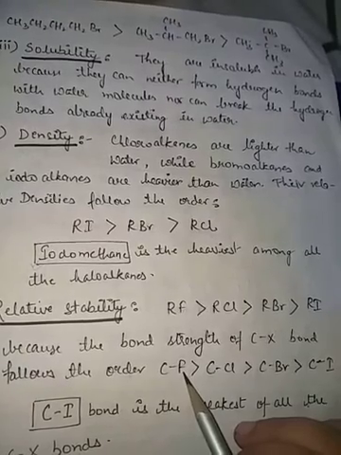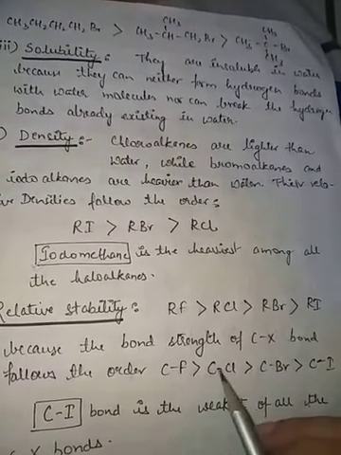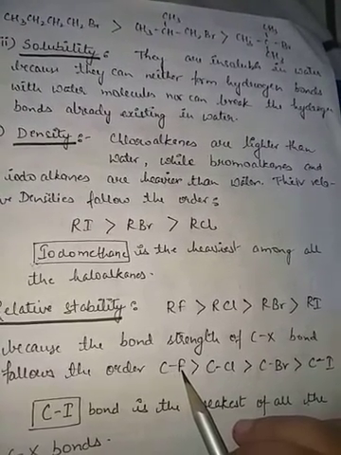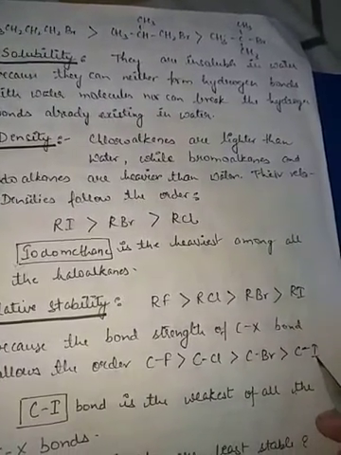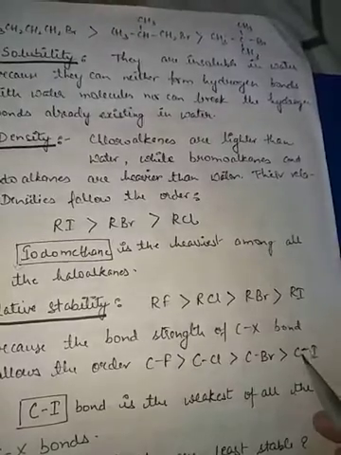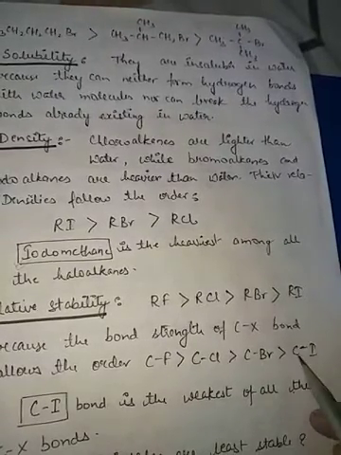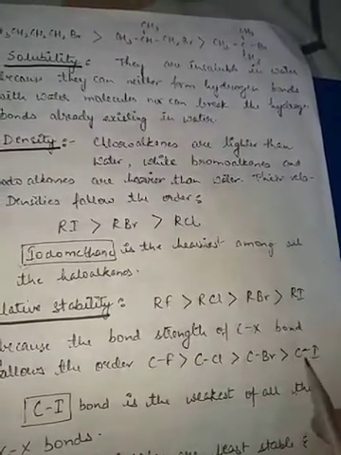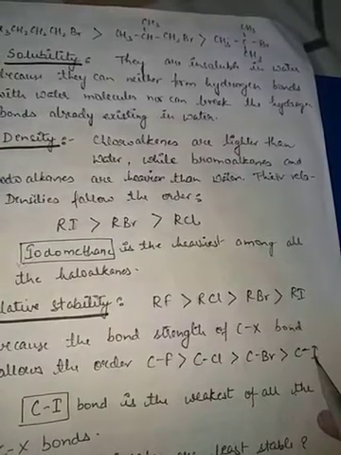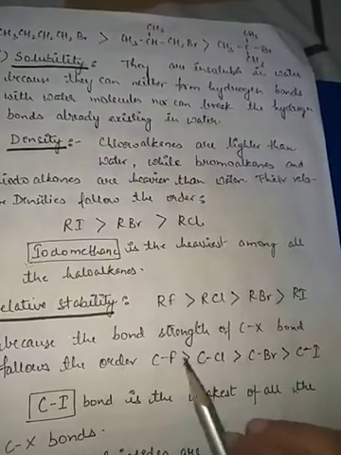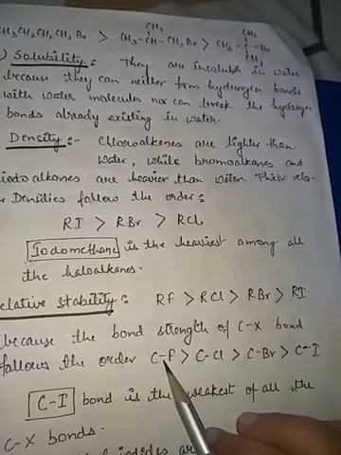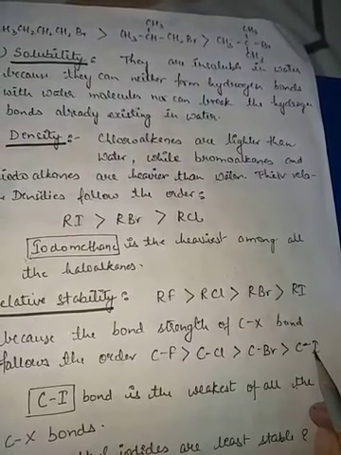This C-F bond is the strongest, obviously due to the smaller size of this halogen atom. The more the size of the halogen atom, the lesser will be the interaction between the carbon and the halogen atom. That's why it needs very little energy to get dissociated. So the bond strength of C-F will be the strongest and C-I will be the least.